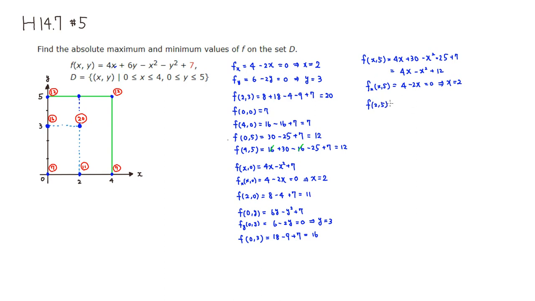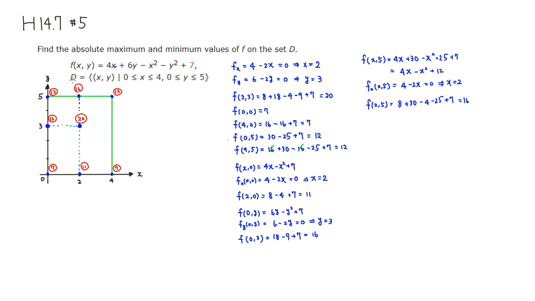It's going to be 8, put 5 there, so plus 30, and minus x squared, so that's 4. Y squared would be 25, and plus 7. So 30 minus 25 is 5, 5 minus 4 is 1, and 1 plus 7 is 8. Plus 8 would be 16. So the value there is 16.